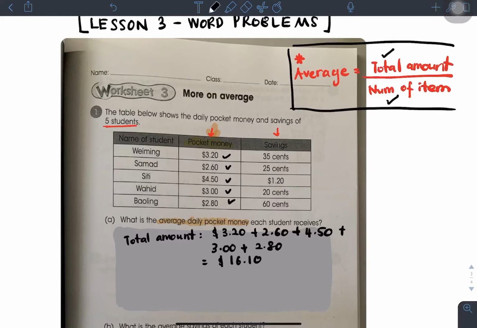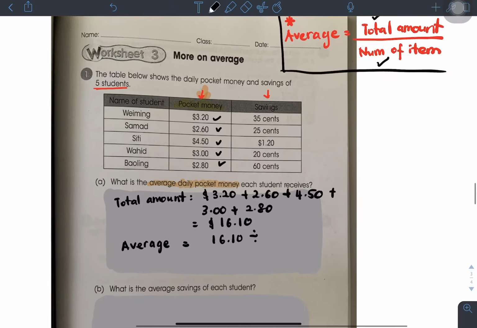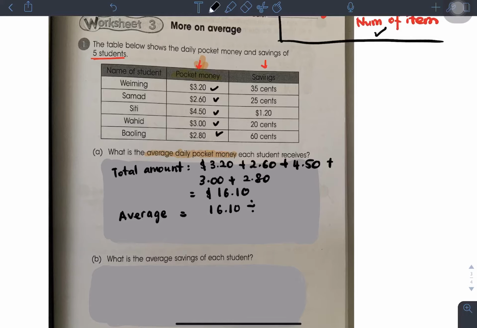To find the average, it equals total amount over number of items. So the total amount is 16.10, and I can write it as divide, so it makes you see better. 16.10 divided by the number of items.